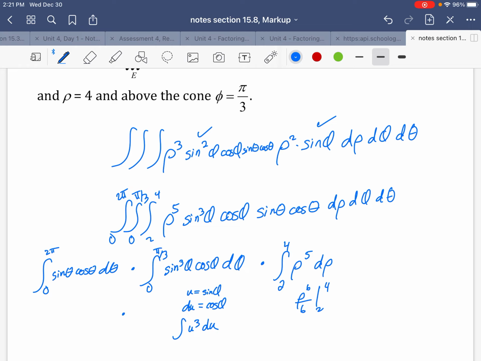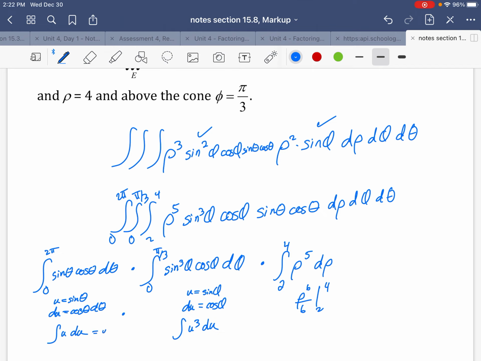This one over here, though, I could make my u sine or cosine. I'm just going to make my u into my sine theta, and du would then be cosine theta, d theta. I don't have to worry about any kind of negatives and positives. All right, and so I'm integrating u du.